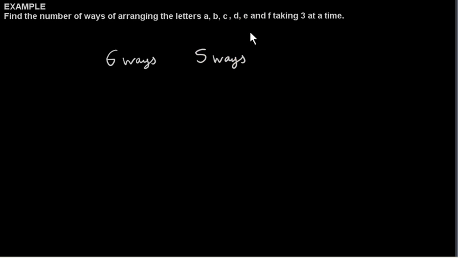After choosing the second letter, there are 4 letters remaining, so we have 4 ways to choose the third letter. So by the fundamental principle of counting, we have 6 times 5 times 4 ways of arranging the 6 letters, taking 3 at a time. So 6 5s are 30, 4 30s are 120. We have 120 ways. And this can be written 6p3.